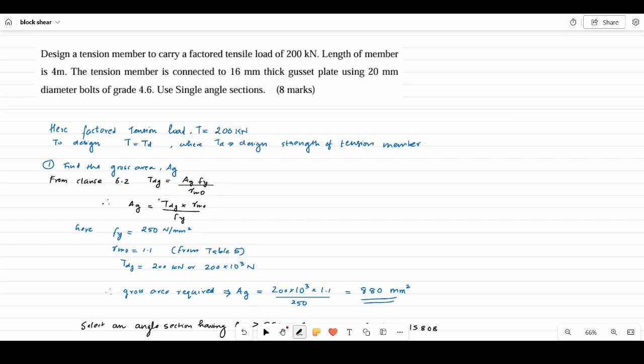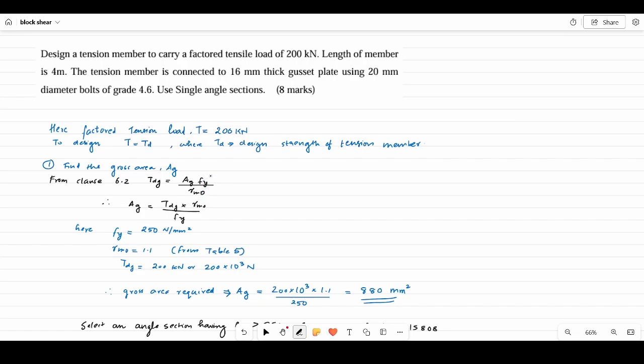There, Tdg, which is the gross yielding, is given as Ag times Fy divided by gamma m0. So here Ag denotes the gross area, Fy is the yield stress of the material, and gamma m0 is the partial factor of safety for tension by yielding.